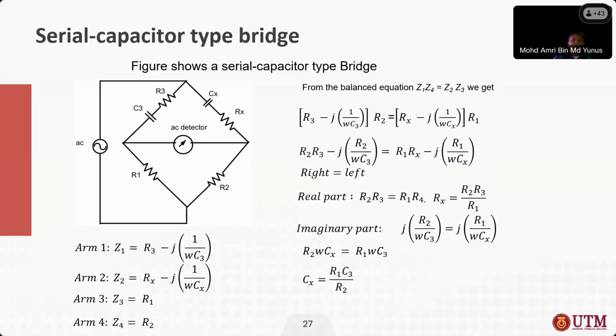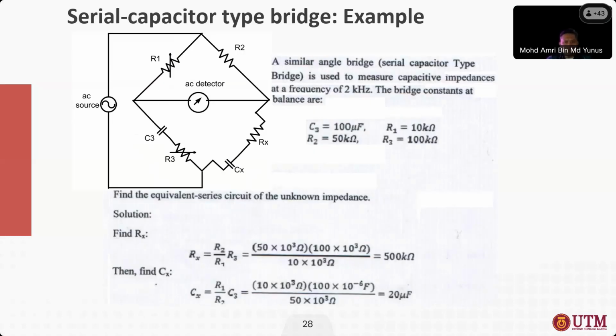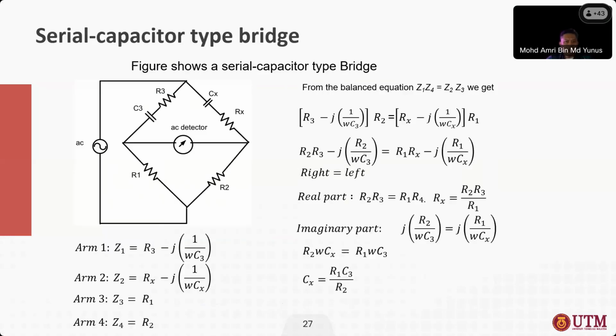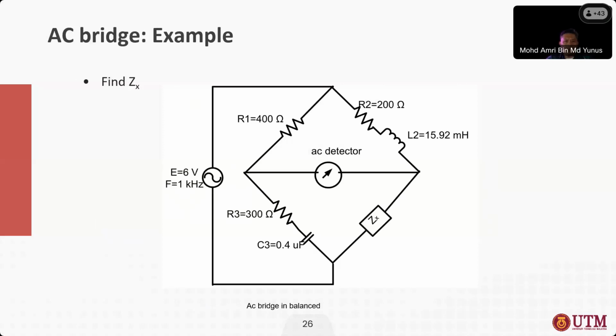So the equation comes first. But anyway, Z1 is a pure resistance, or if we write in impedance, Z1 is equivalent to 400 ohm, or you can write 400 ohm angle 0 degree.